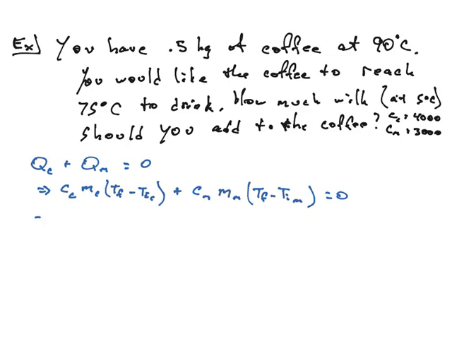With this, we can plug numbers in. C for coffee, that's 4,000. Mass of the coffee, I had half a kilogram, so 0.5. Remember, the units of mass have to be kilograms. And then I have TF, the final temperature of the system, 75 degrees, minus the initial temperature of the coffee, which is 90.